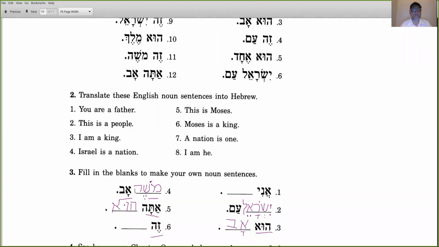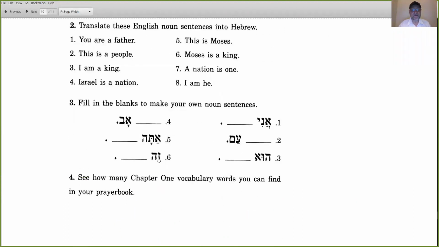We'll do that. This is Moses. There we go. Ze Moshe. This is Moses. Okay, so see how many chapter 1 vocabulary words you can find in your prayer book.